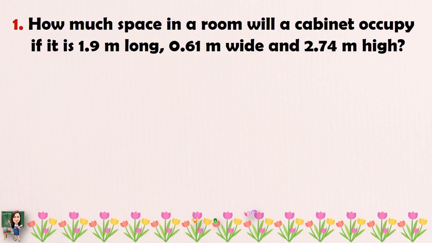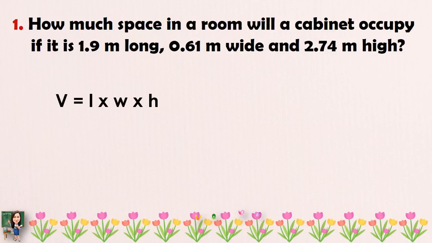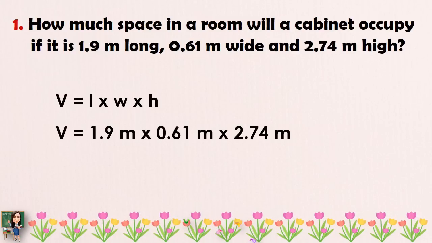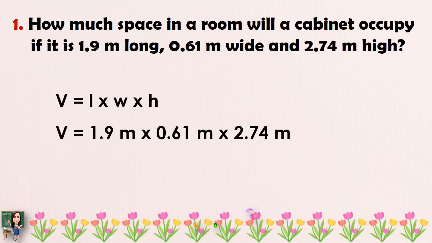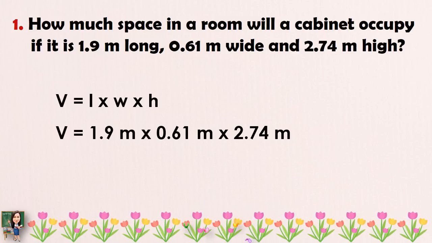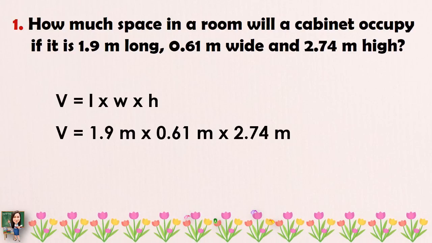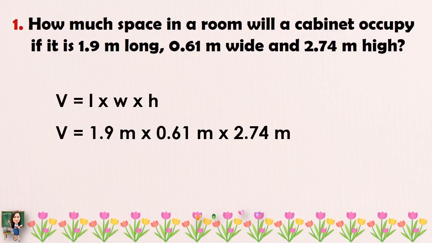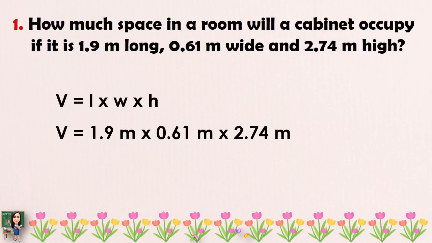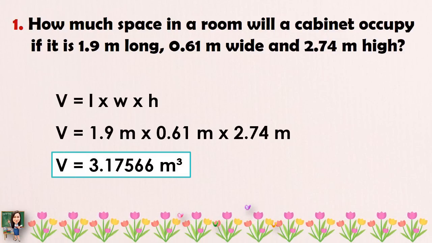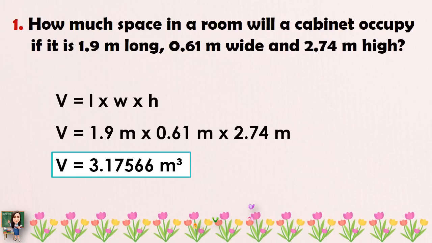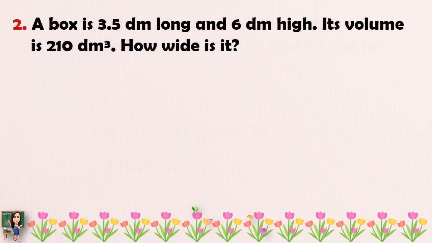We will use this formula, volume equals length times width times height, where the length is 1.9 meters, the width is 0.61 meters, and the height is 2.74 meters. 1.9 times 0.61 times 2.74 equals 3.17566 cubic meters.